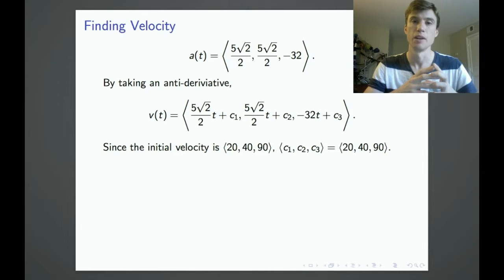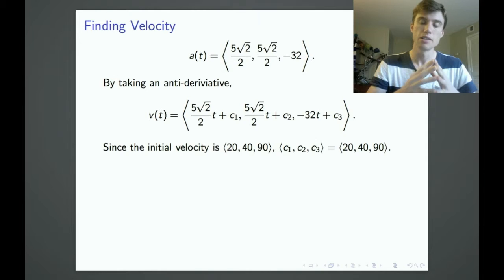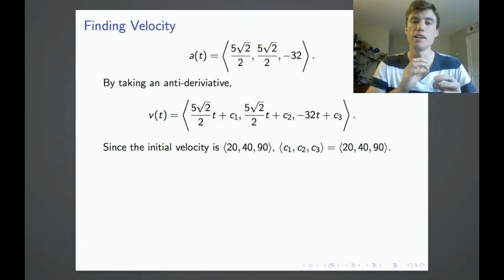Now it is a common trap to think that these constants will always be equal to the initial velocity. And this is often the case when we're dealing with parabolic motion, like acceleration of a projectile object. But it is not always the case. I encourage you to be careful and really understand this point. You find the c1, c2, c3 by evaluating the velocity function at 0 and equating that with your initial velocity.